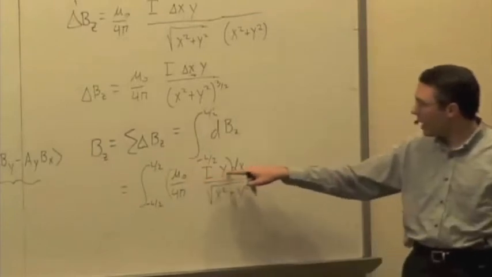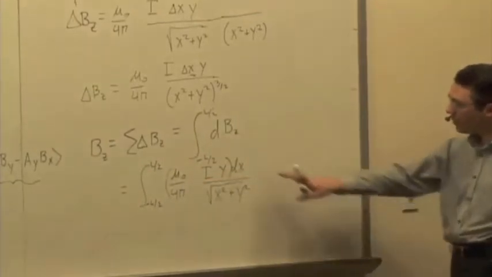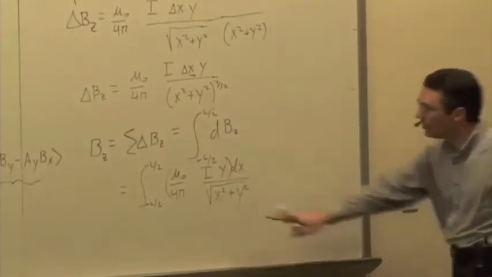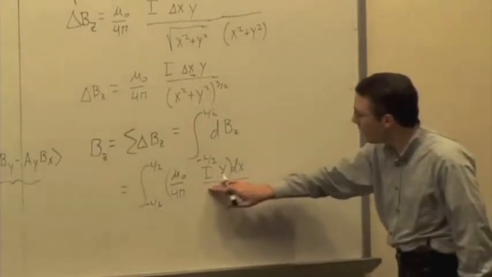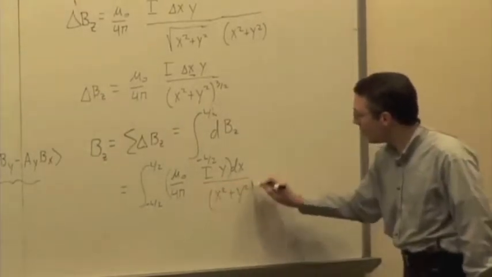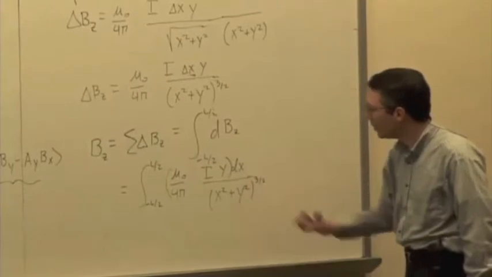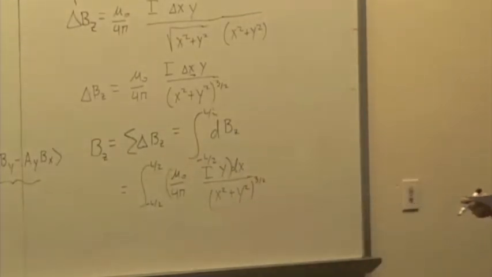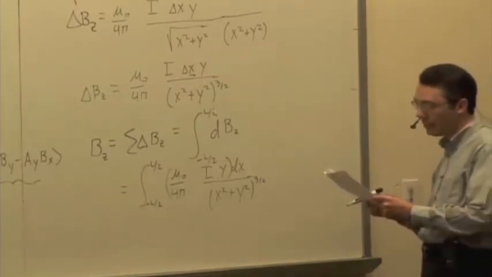Mu naught over 4 pi, I, and y are all constant, so it just becomes an integral of dx over, not square root, x squared plus y squared to the 3 halves. When you do that integral, you will get the following, and you either look it up in a table or plug it into Mathematica or something like that.